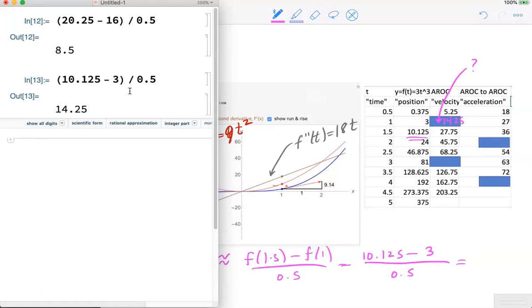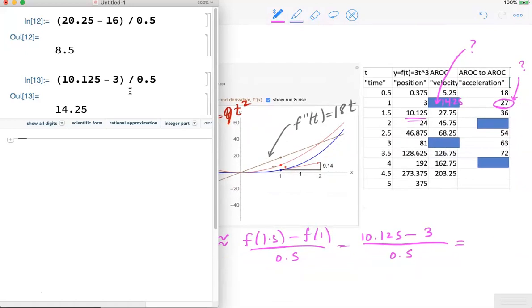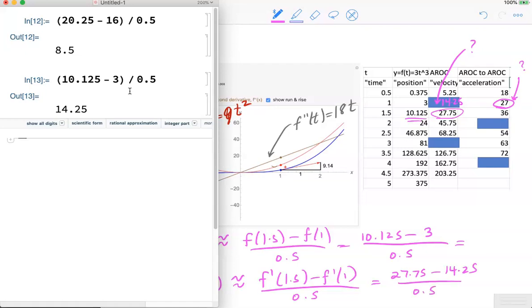Then let's see if we can understand where this 27 is coming from. This is the average rate of change of the average rate of change. So the second derivative evaluated at 1 is approximately equal to the derivative at 1.5 minus the derivative at 1, over 0.5. We're seeing here that our average rate of change at 1.5 is 27.75 minus the derivative at 1, 14.25, over 0.5.